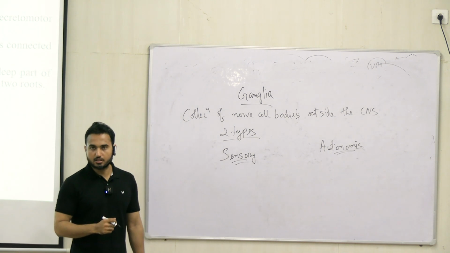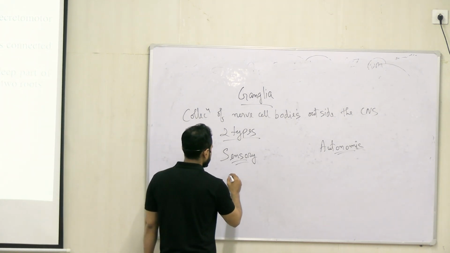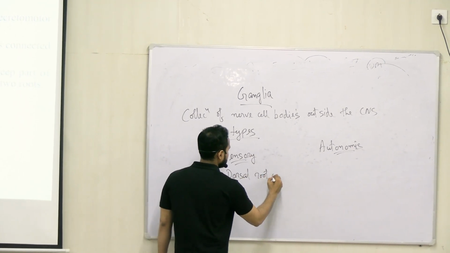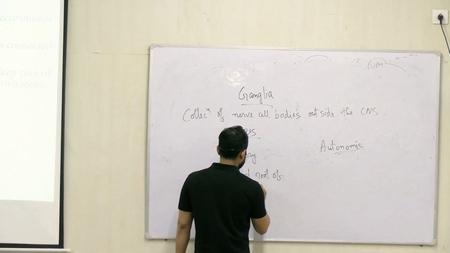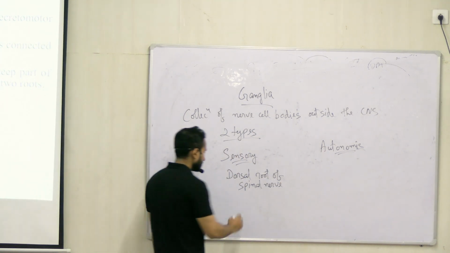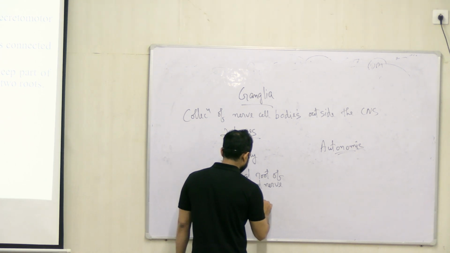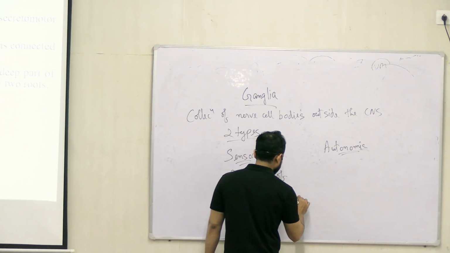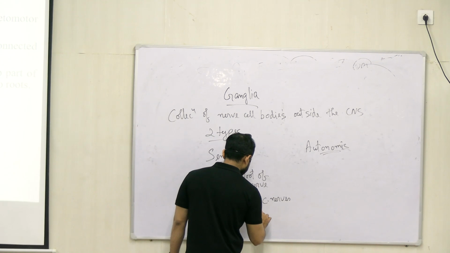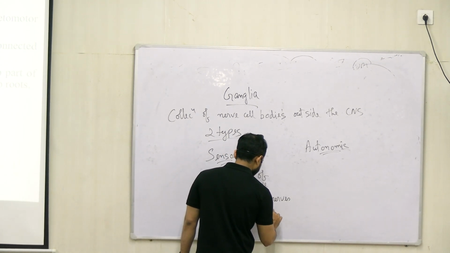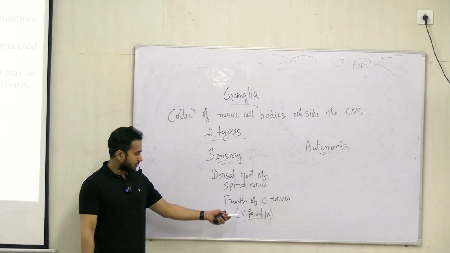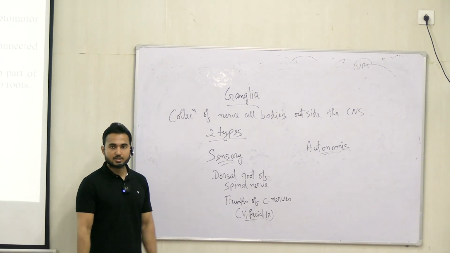The sensory ganglia are present at the dorsal root of the spinal nerve and on some trunks of cranial nerves, for example the fifth, seventh and ninth cranial nerves. Over there you will find the sensory ganglia.